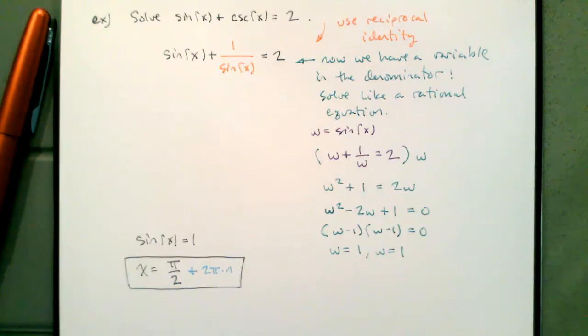So once we find out that sine of x has to equal 1, then it just becomes a memory check. You've got to remember what our graph of sine looks like.